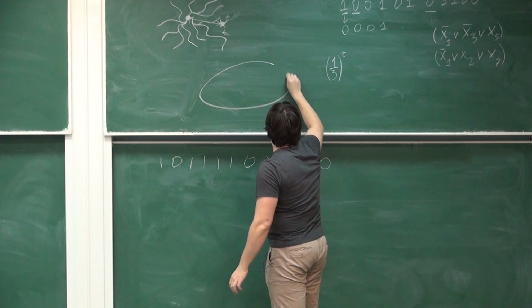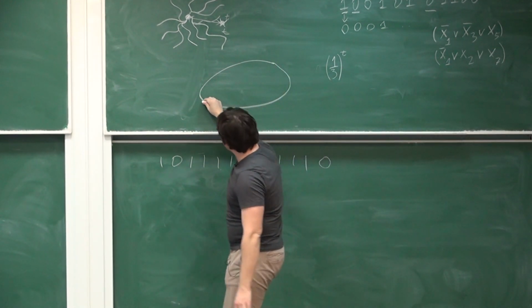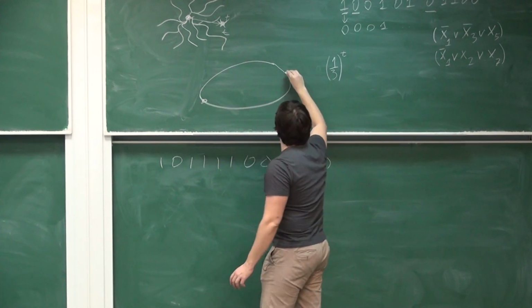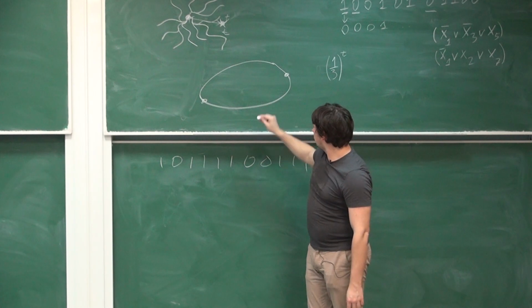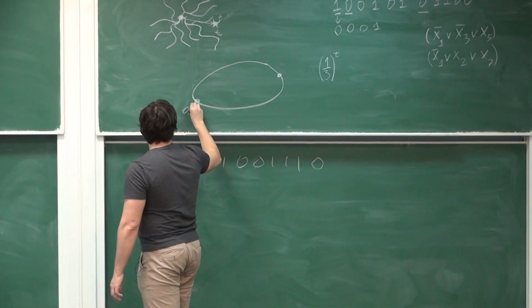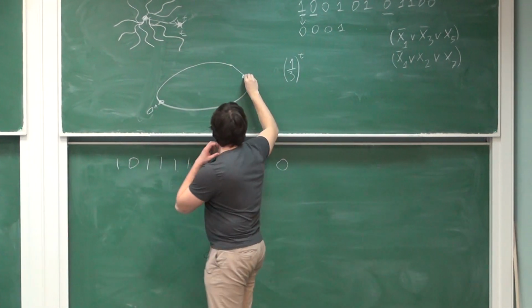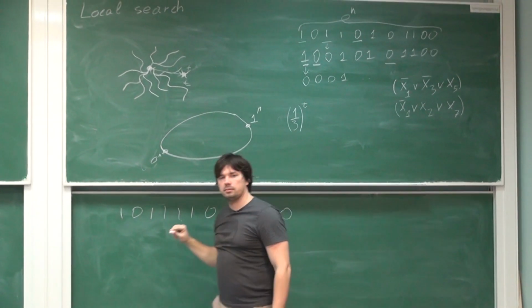So if we draw the search space, you can kind of say that there are 2 polar points. One that has all zeros, 0 to the n, and one that has all ones, 1 to the n.